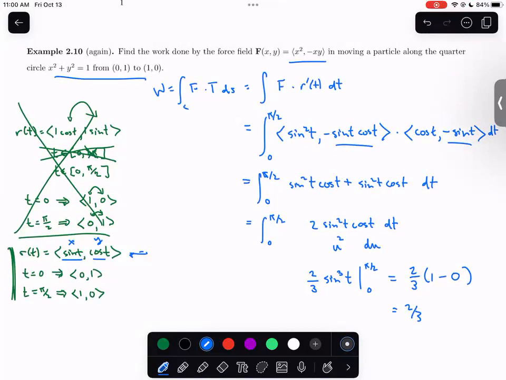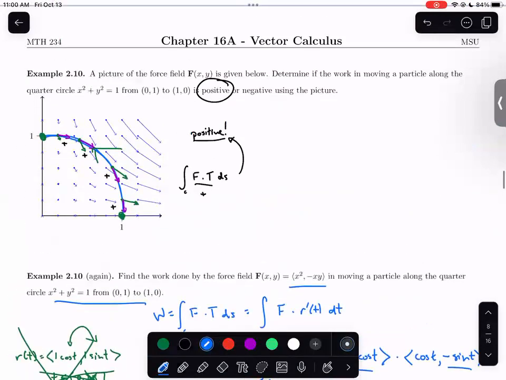Questions on this problem here? Yeah, so remember this has to do everything with if the vector field is helping or hurting. So you would expect a negative answer if the vector field was hurting, right?